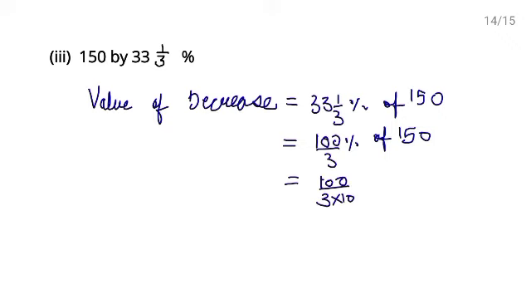When you will remove percent sign, 100 will be in denominator of means multiply 150. 100 to 100 cancel out. 3 5s are 15, 0. So here you are getting 50.